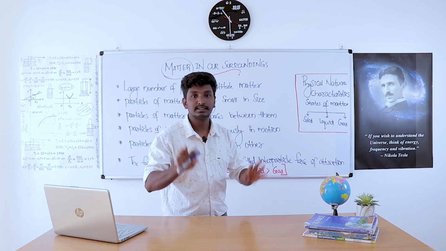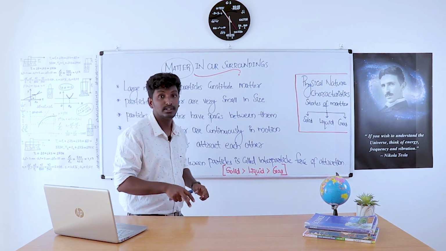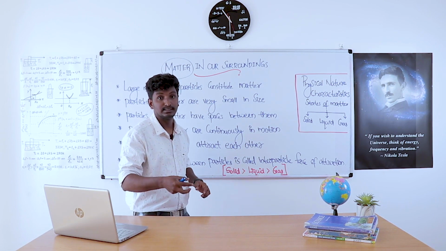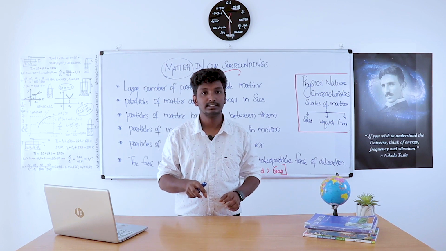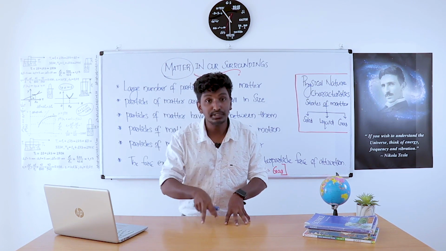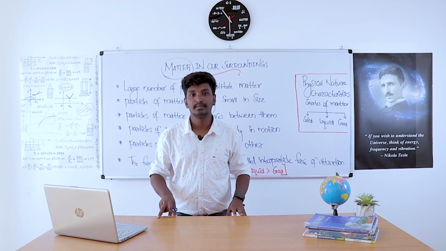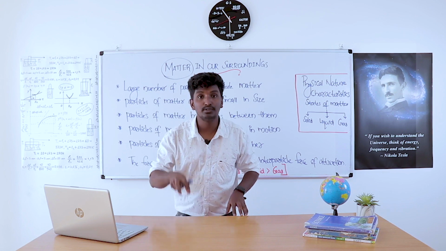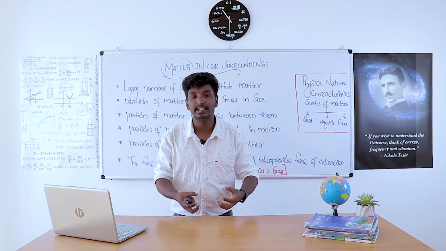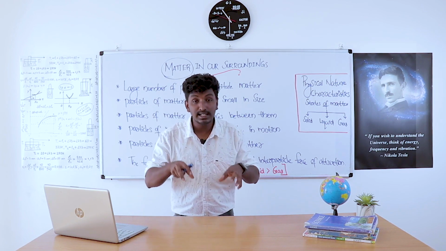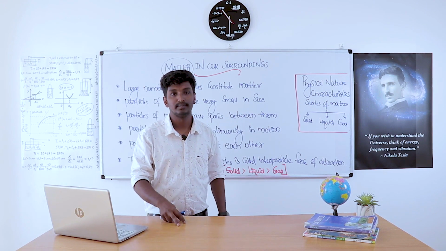Okay, that's clear. Now you know that matter consists of thousands of particles, the constituent particles. In a matter, the constituent particles have certain characteristics. Now we have to study what the characteristics of these particles of matter are.